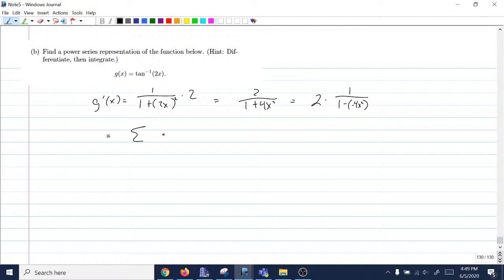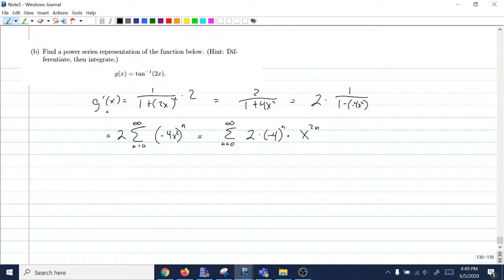This is going to be 2 times the sum of that thing to the n, if I go from 0 to infinity. My thing is negative 4x squared. This is the sum from n equals 0 to infinity of 2 times negative 4 to the n times x to the 2n.